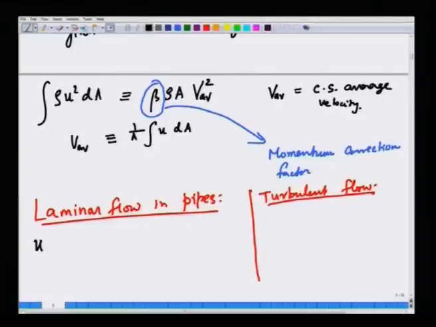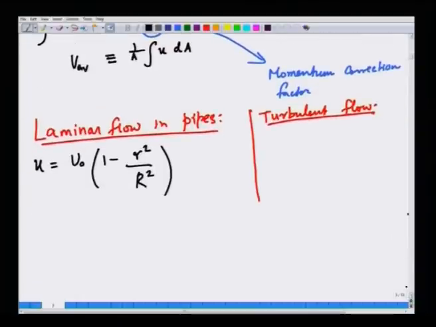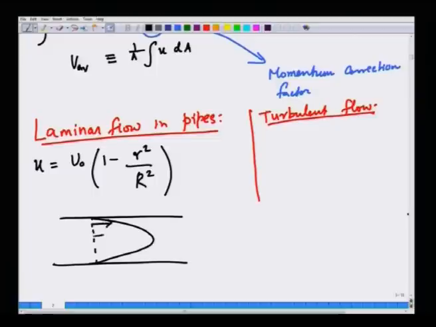So, it turns out that how the velocity varies with the cross sectional area is very different for laminar and turbulent flows. For laminar flows, for which I can give you a full illustration of how to calculate the beta, the velocity in a pipe is parabolic in nature. That is, if I plot the velocity as a function of the radial coordinate, it is a parabola.